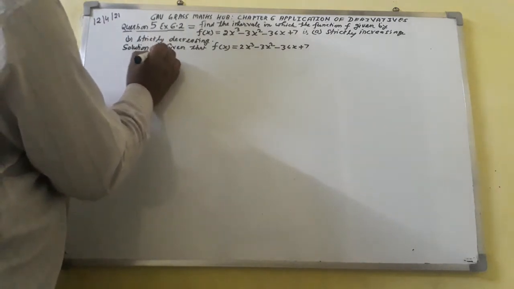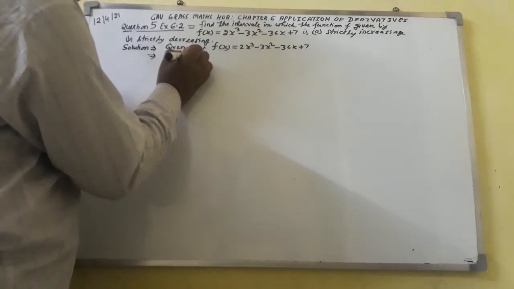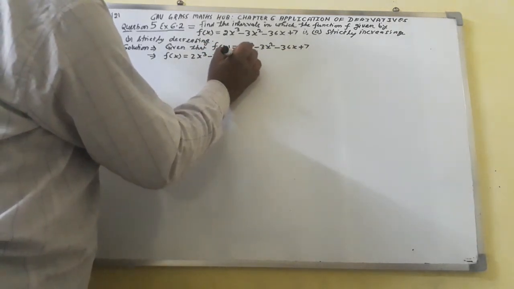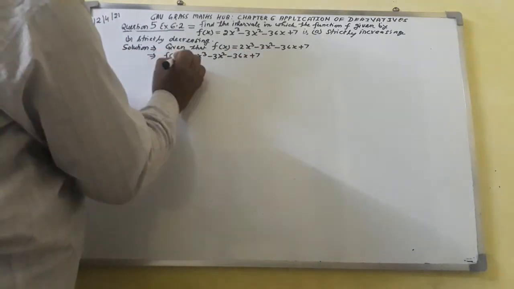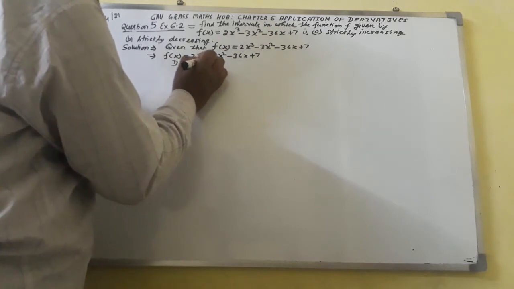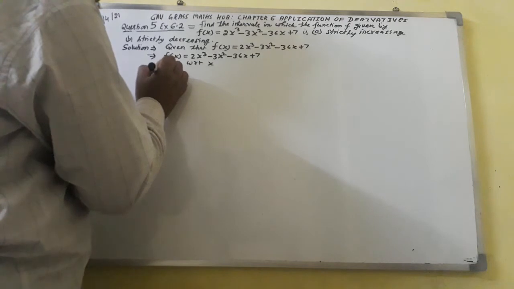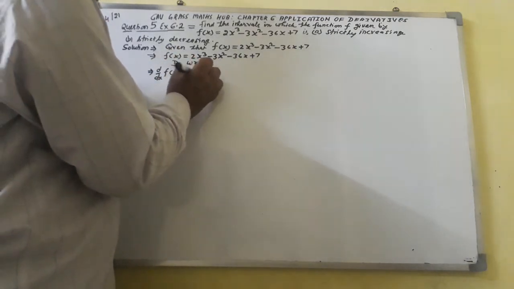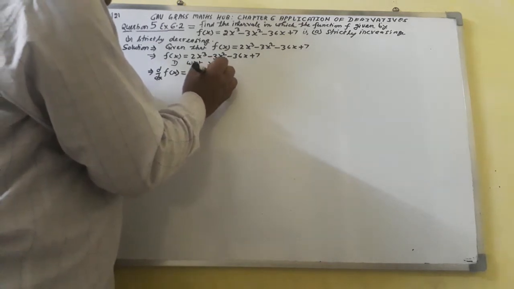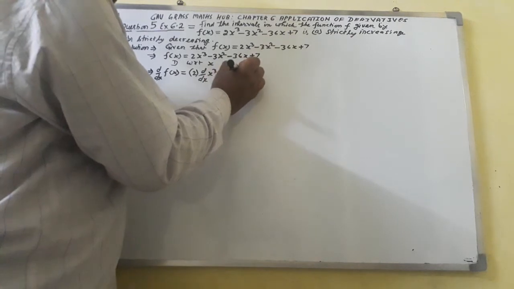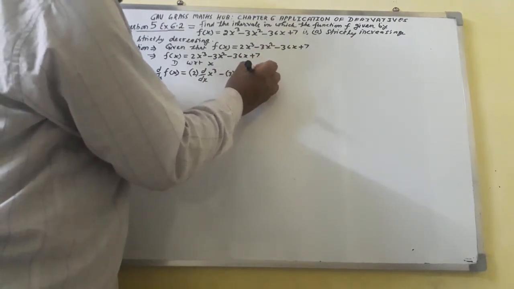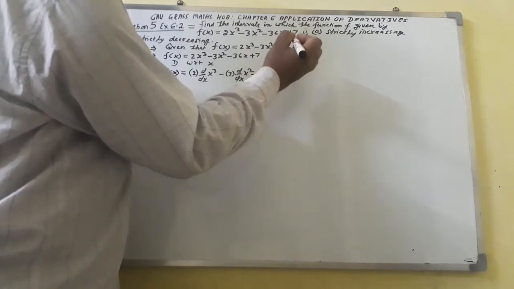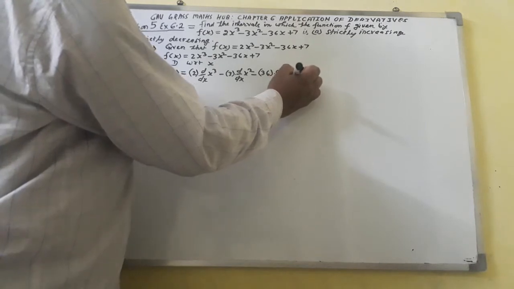Differentiating with respect to x, it implies d over dx of f of x equal to 2 times d over dx of x cube minus 3 times d over dx of x square minus 36 times d over dx of x plus d over dx of 7.